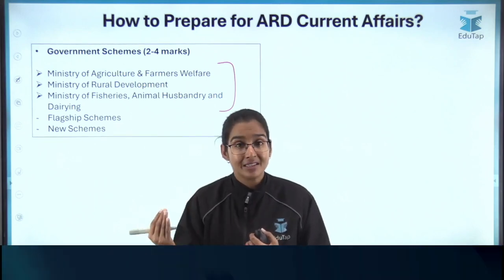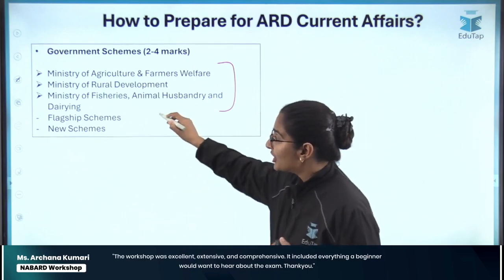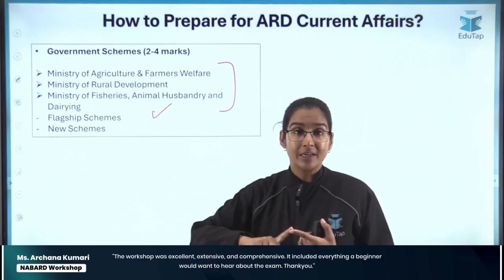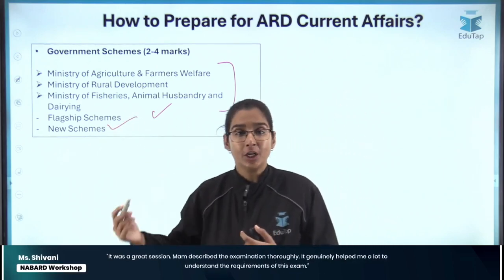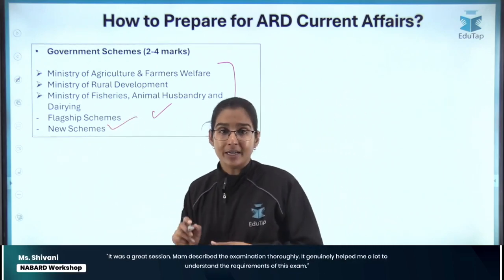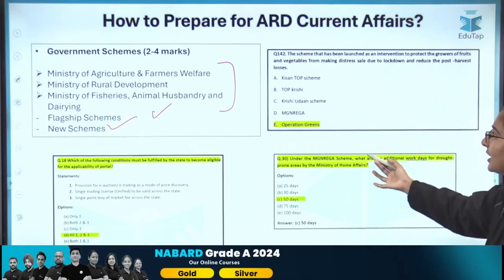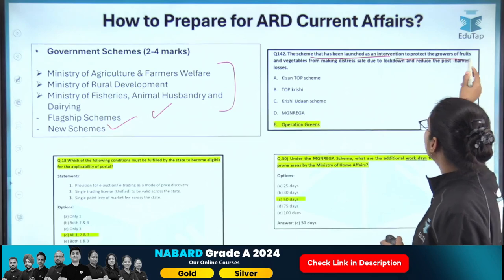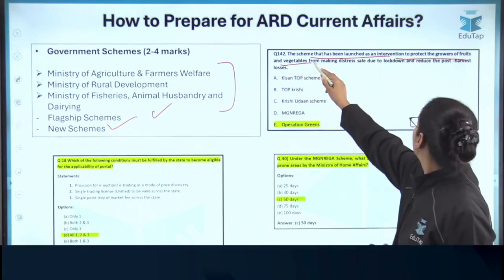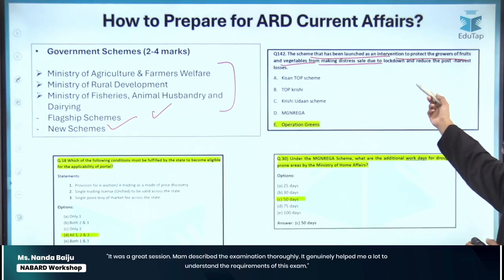If you are studying the NREGA scheme, you have to study it in a really in-depth manner. The flagship schemes have to be studied really, really well, and if these ministries launch any new schemes, then you have to cover those too. So these are the government schemes which you have to cover, because if you see the questions, you can see the scheme that has been launched as an intervention to protect the growers of fruits and vegetables from making distress sales.